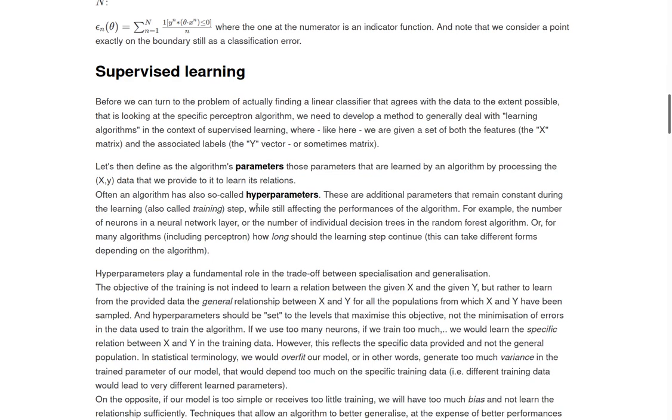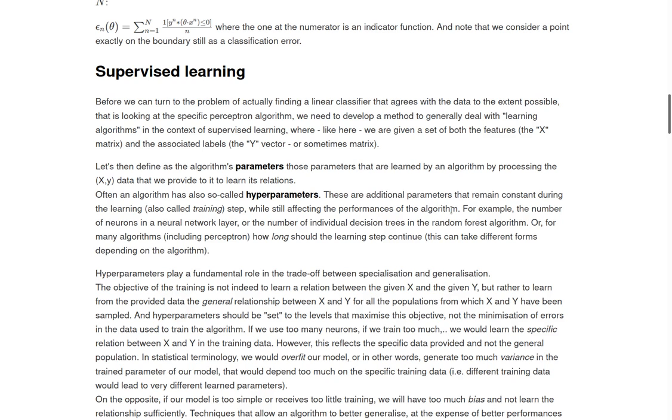However, there will in general be other parameters that we call hyperparameters that will remain constant during the learning step of the algorithm. So the idea is that these additional parameters still affect the performance of the algorithm, but are not learned by the algorithm itself.